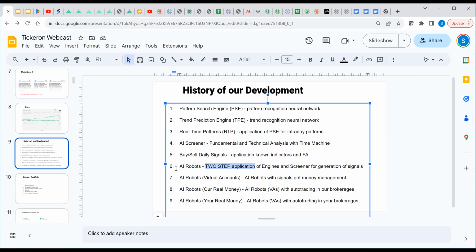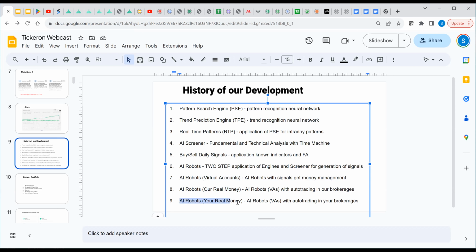And we started creating first robots. And these robots were signals only, and I showed you, right? So this year, we released virtual accounts, where we added money management and the specific amounts and things like that. And right now, we're testing connection to brokerage, obviously adding more robots, adding more features for convenience, okay?